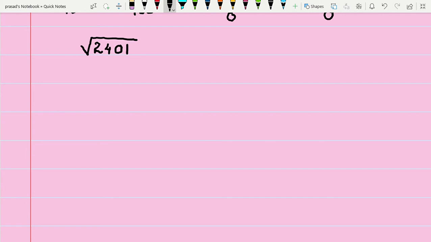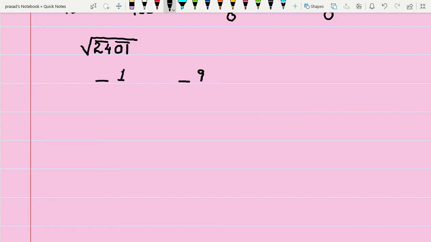Your first step is to make groups of 2 from the right side. So there will be 2 groups, 24 and 01. Now here the number is ending with 1, so the square root will end with either 1 or 9. And the square root will be a 2-digit number.